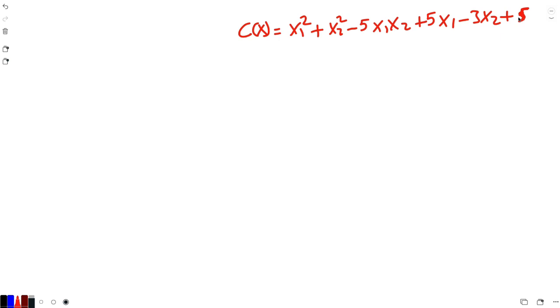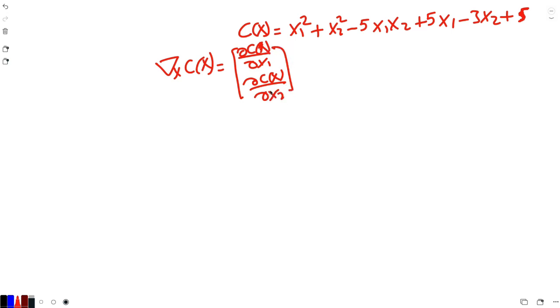As we showed in the previous section, first we start with computing the gradient of c of x, which is simply a vector with the partial differentiation of c of x with respect to x1 and c of x with respect to x2. I will perform each one separately. With respect to x1, we have dc over dx1 equal to 2x1 minus 5x2 plus 5, and this should be 0.